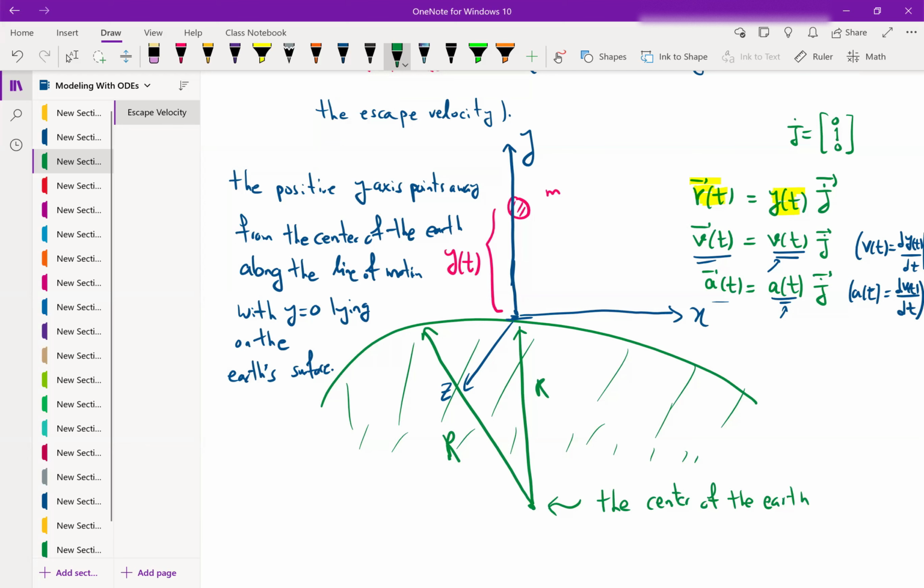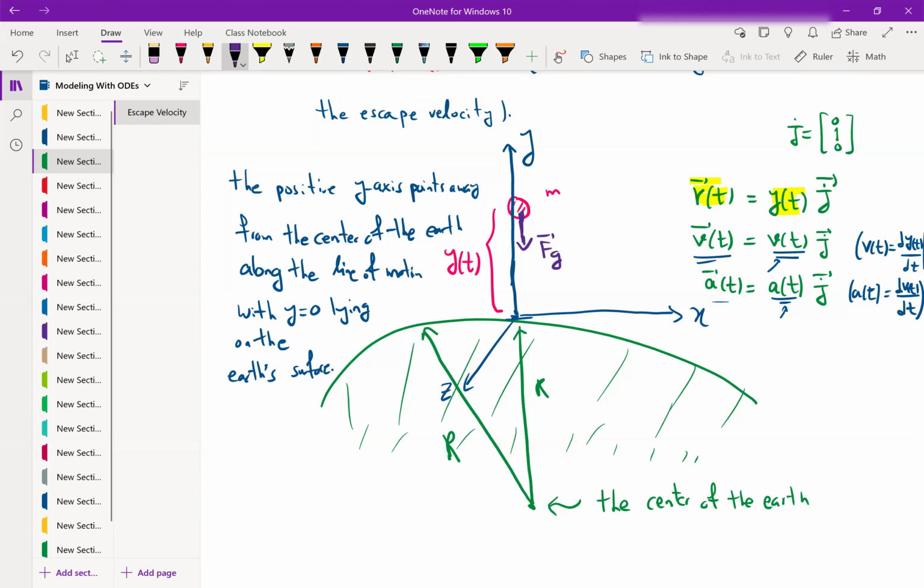The Earth's gravity. I'm going to use a different color to show you how this force acts on the mass m. It will be downward, towards the center of the Earth. So Fg is my notation for the gravitational force.